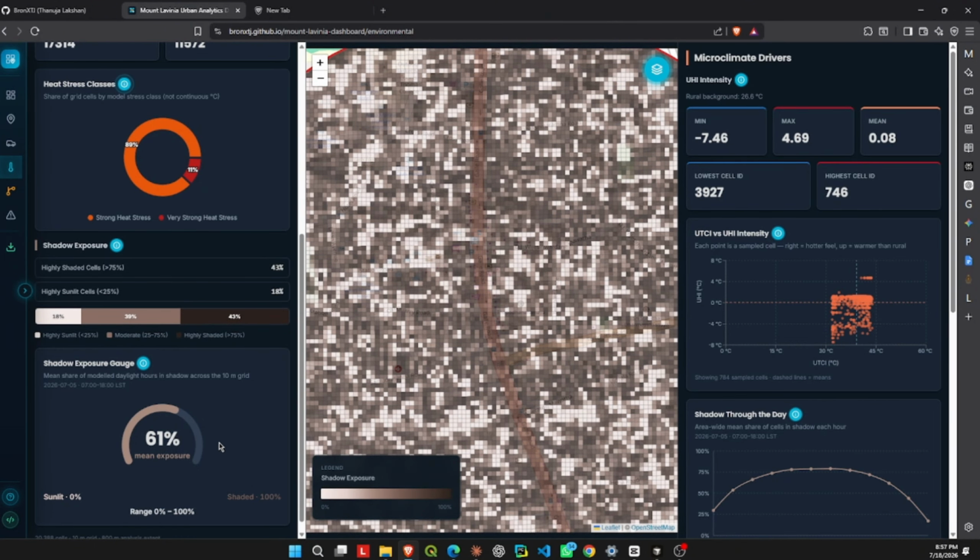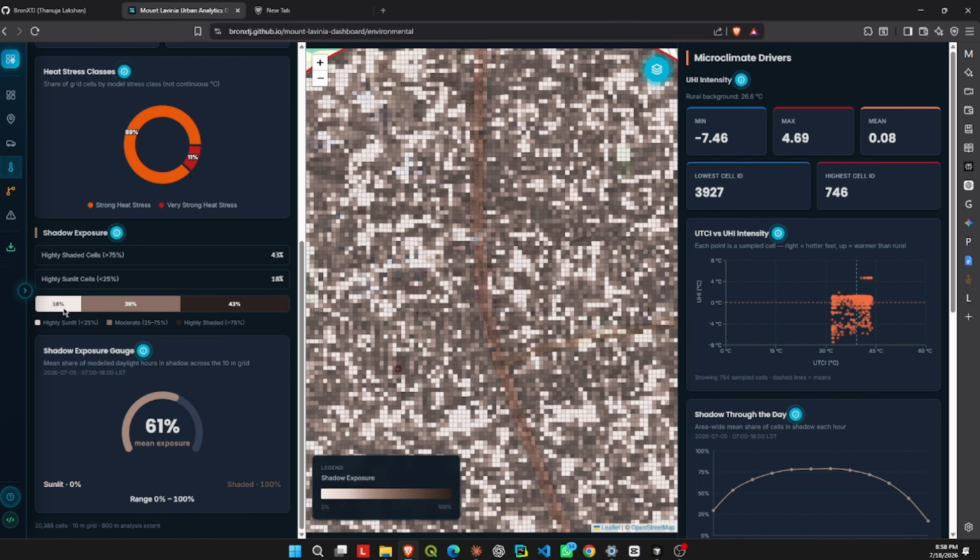Shadow exposure means the share of modeled daylight hours when a cell is in shadow. We took a model period of 2026 July 5, from 7 a.m. to 6 p.m. These are the categorizations we did.